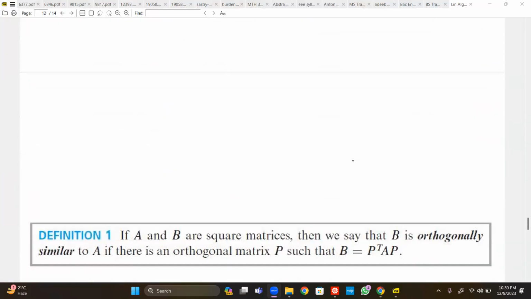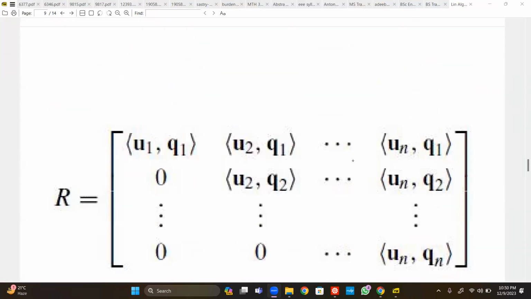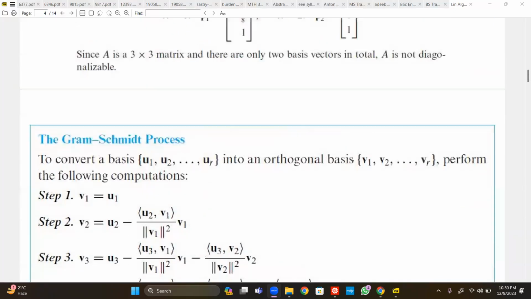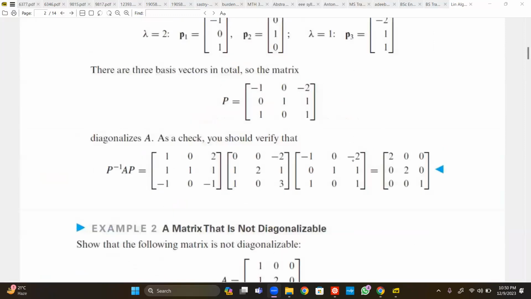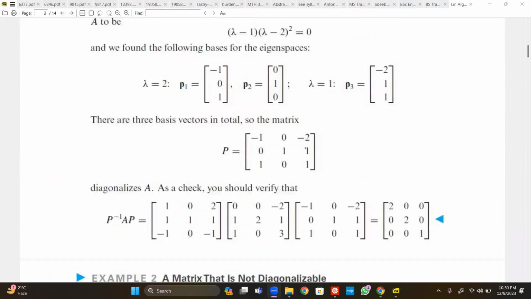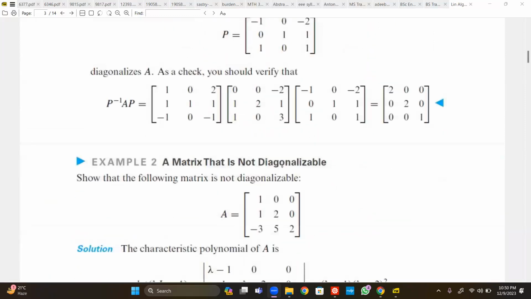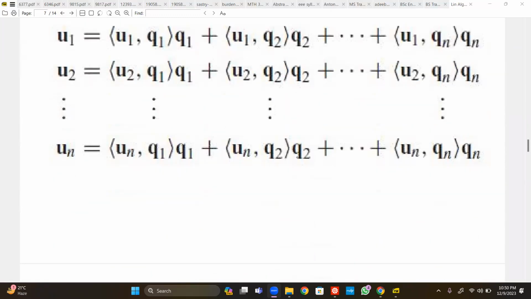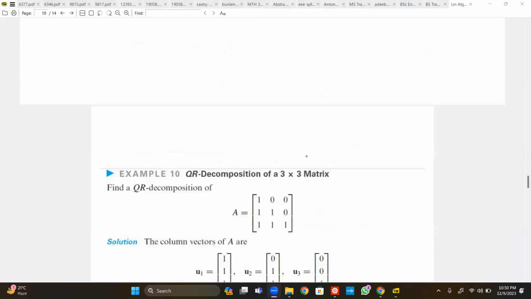What we have to do is just find linearly independent eigenvectors and construct a matrix P by using those eigenvectors as column matrices, right? That was the only idea. No orthogonality involved there, but now orthogonality is going to play a role here.